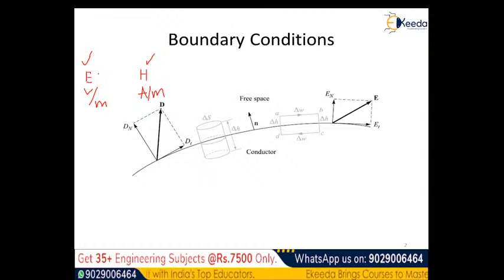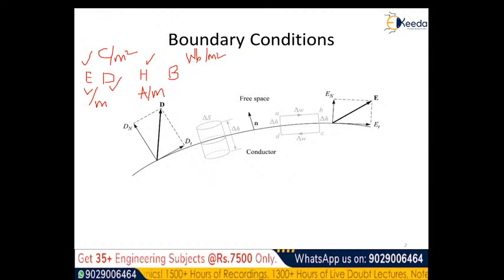Now for the electric flux density, denoted by capital D, it is measured in coulombs per meter square. So this is the flux density. Whereas for the magnetic field, we have the magnetic flux density denoted by capital B, measured in Weber per meter square.